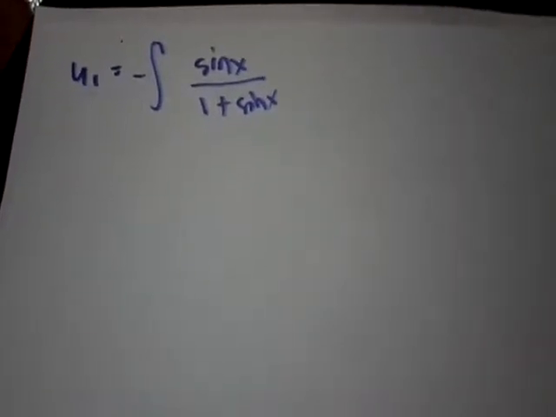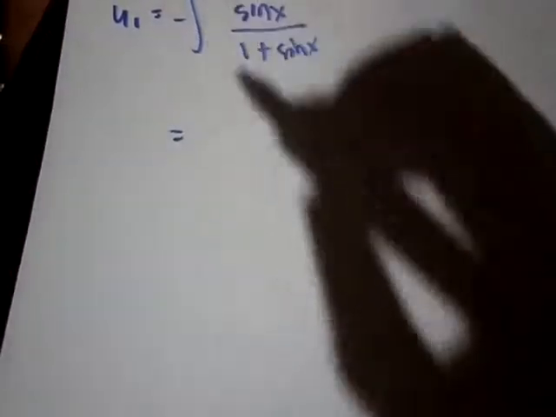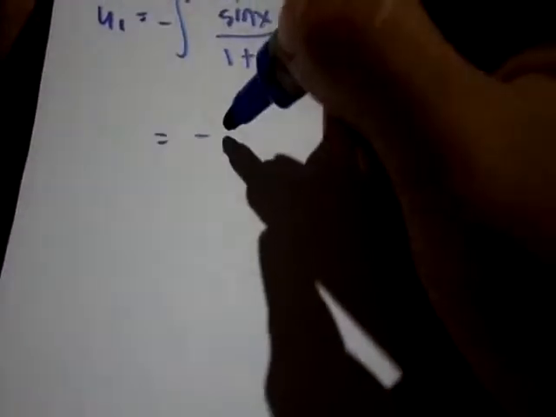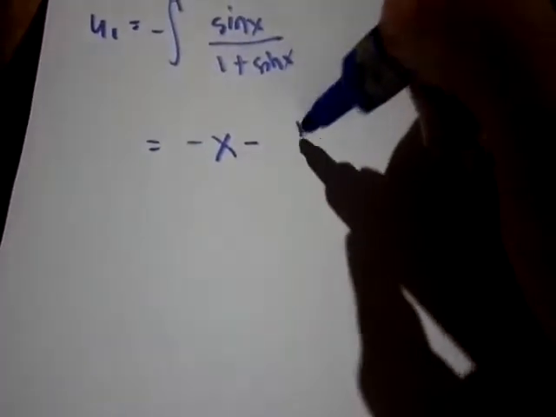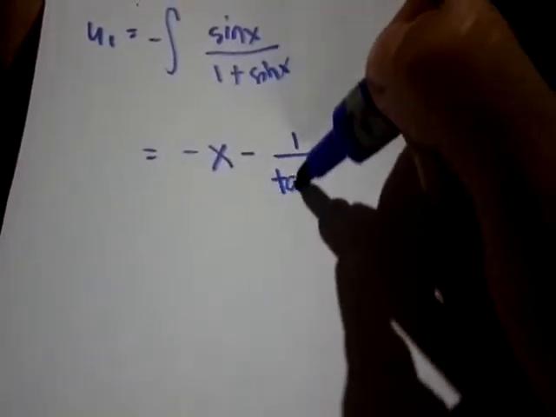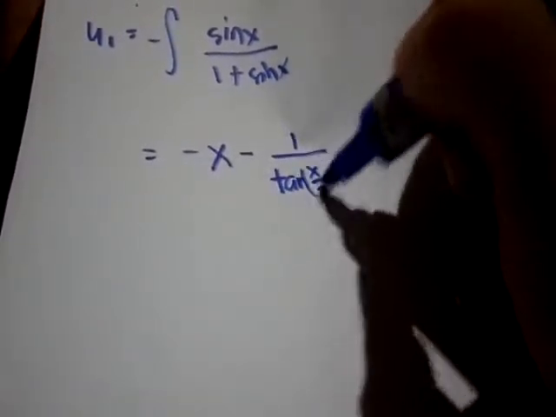By integration of rational functions, we will arrive at an antiderivative which is negative x minus 1 over tangent x over 2 plus 1.